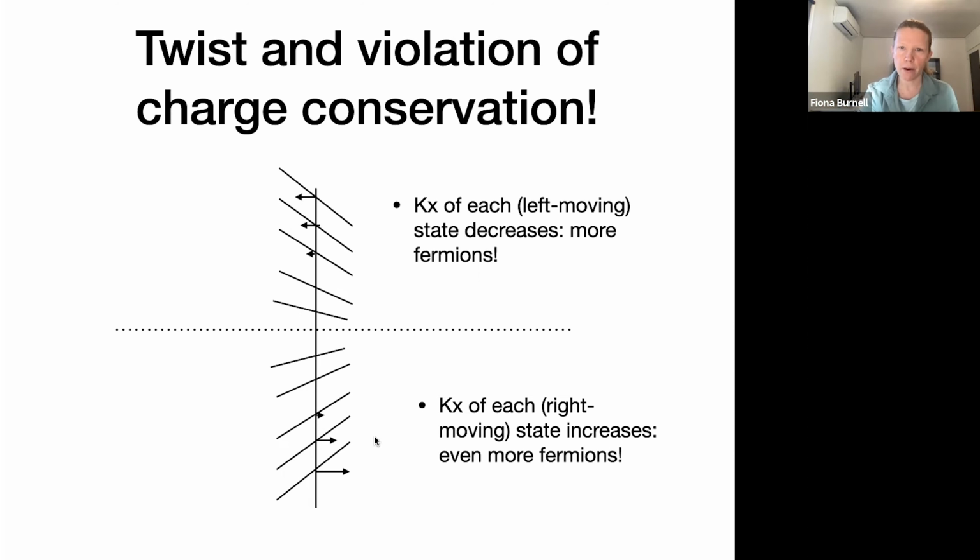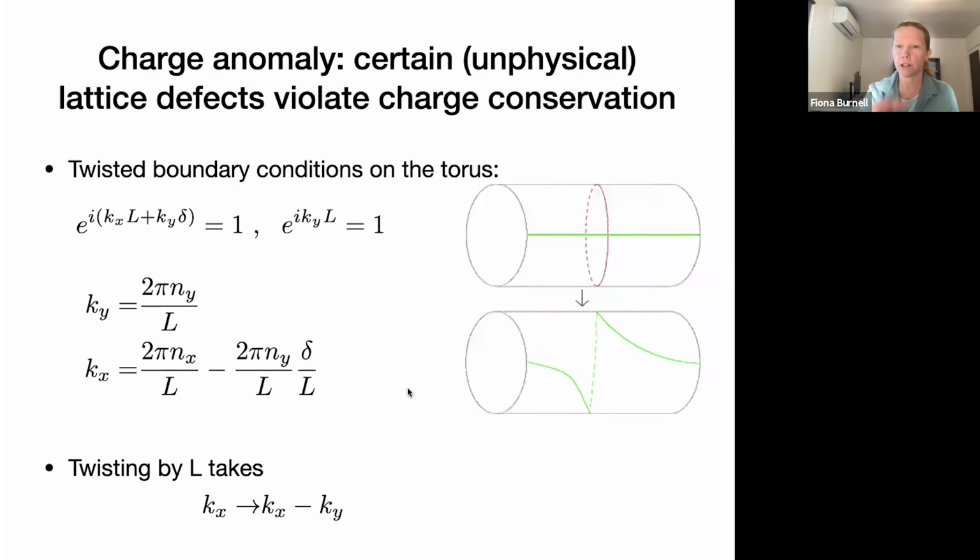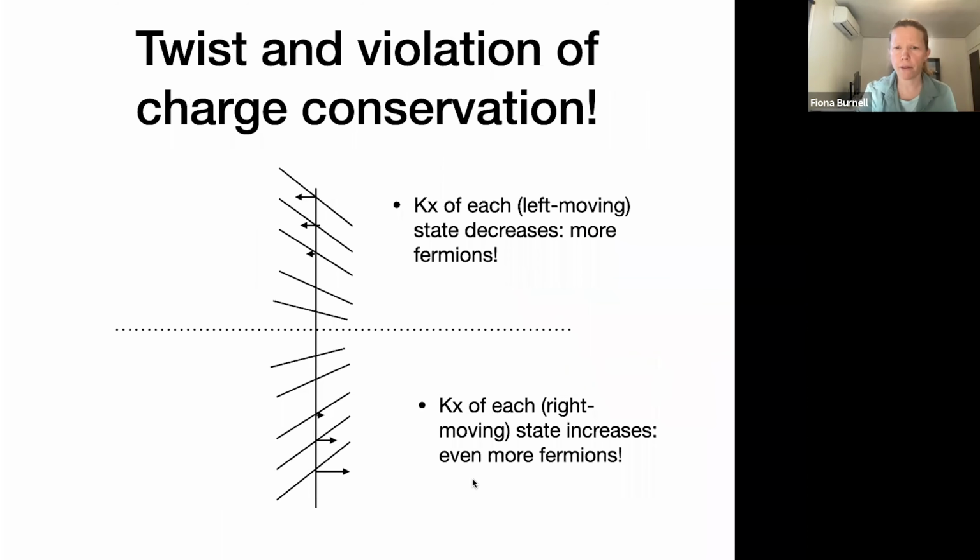And so in this funny process in which I twist the boundary conditions, kind of do a full twist on the torus, I actually conclude that there's a process here that looks like it fails to conserve charge, right? So that's something we would be much more concerned with than something that fails to conserve momentum when we apply external fields.